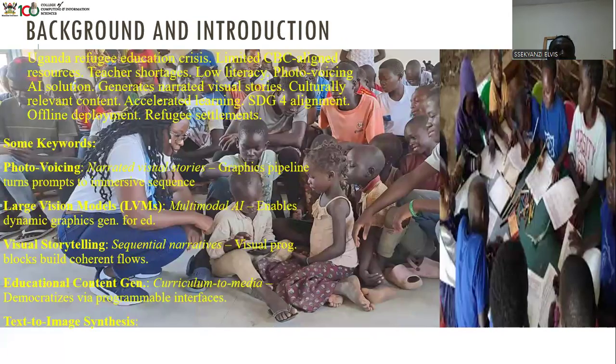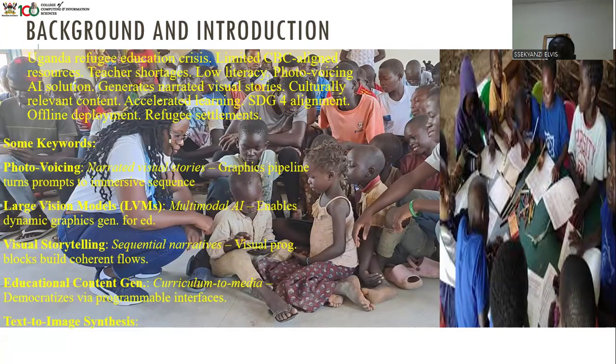The introduction. Uganda faces a major challenge in providing quality education within low-resource and crisis-affected settings. Basically, these are Uganda's refugee areas, and the traditional text-heavy teaching methods and textbooks are ineffective for these children with interrupted schooling and different languages.